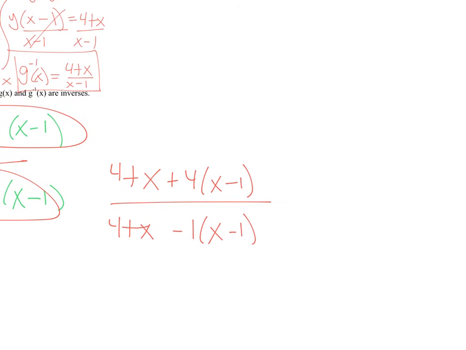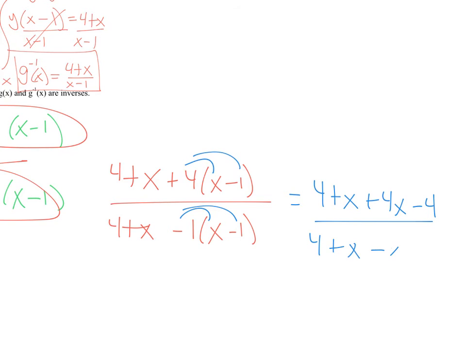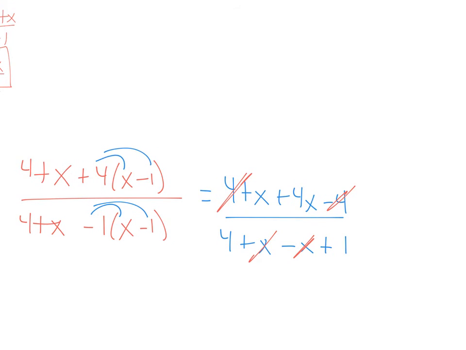Okay, distribute these in, and you're left with 4 plus x plus 4x minus 4 all over 4 plus x minus x plus 1. And what happens is that the 4's cancel, the x's cancel, and you're left with 5x over 5, and these cancel, and there's x, and that's what you had to prove. So good. They are inverses.